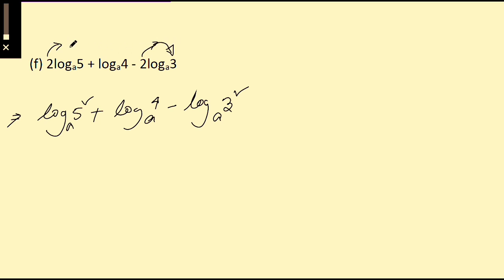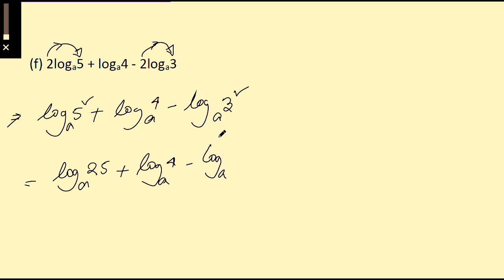We have removed the coefficient and it goes to the power of the argument. So here 5 squared means it will be 25. Then we also have log 4 to the base of a, minus 3 squared means it will be 9.